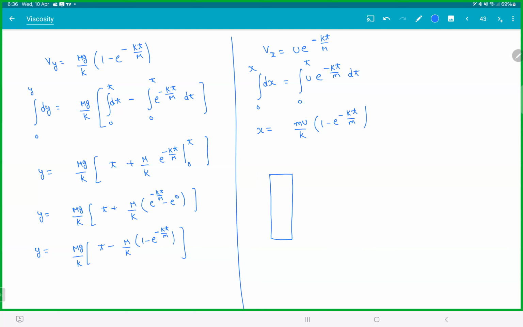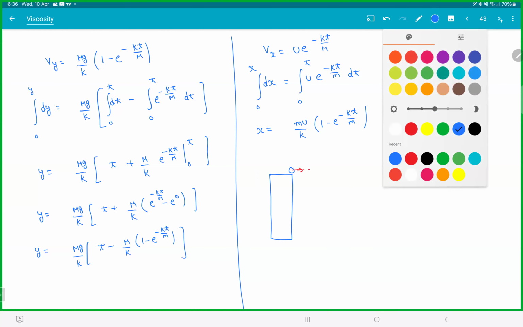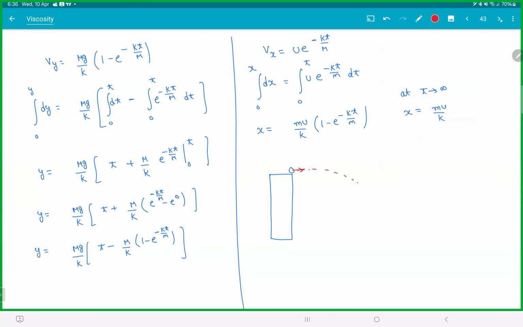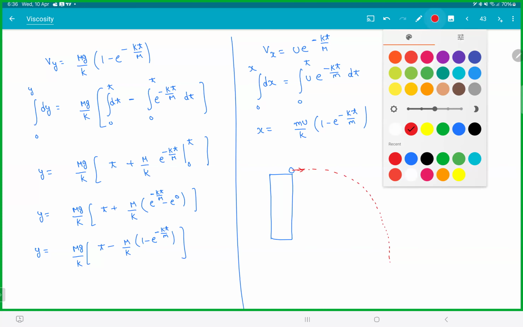If the building is very tall, when you project this, look at this thing. As t tends to infinity, the value of x will tend to mu by k. Means you cannot exceed this x coordinate. So this is becoming straighter and straighter.